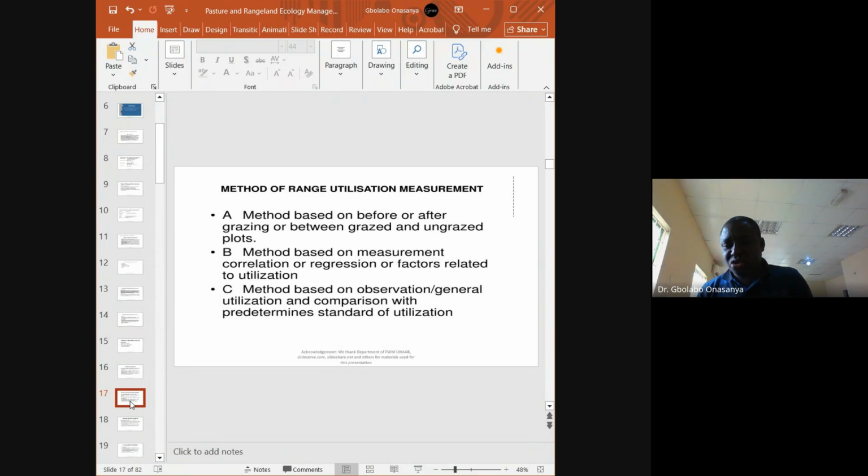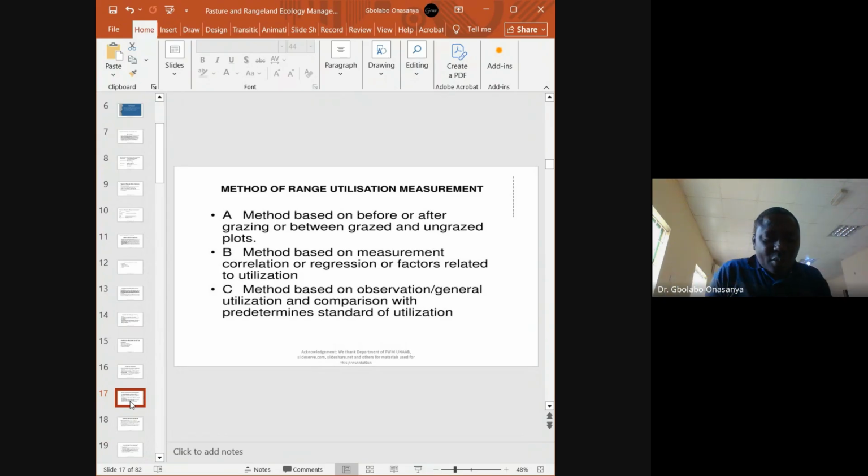Correlation is the existence of a relationship between a dependent variable and an independent variable. Correlation measures relationship. Regression measures relationship, but regression goes further to quantify the relationship.